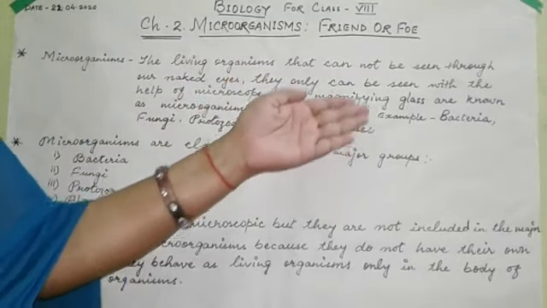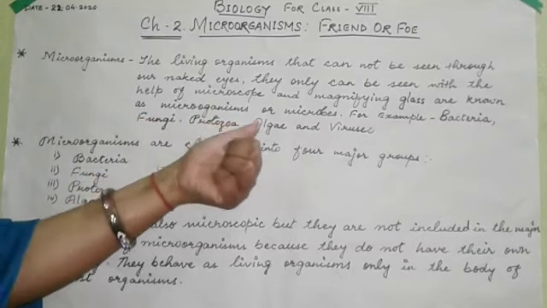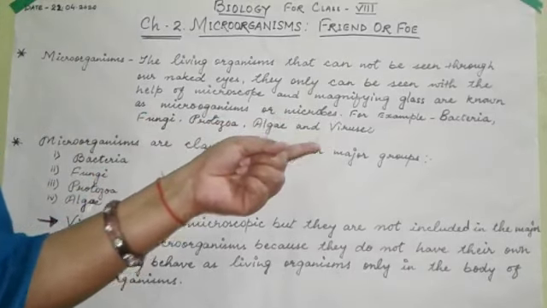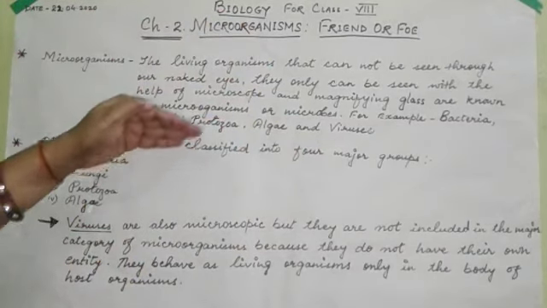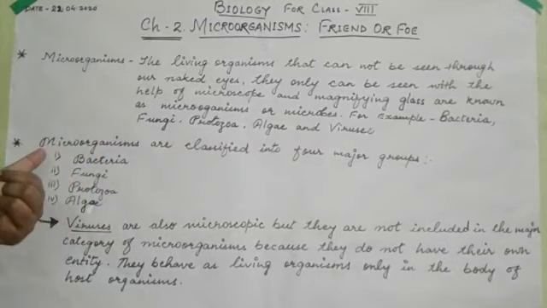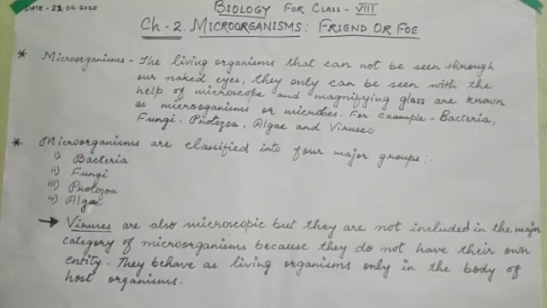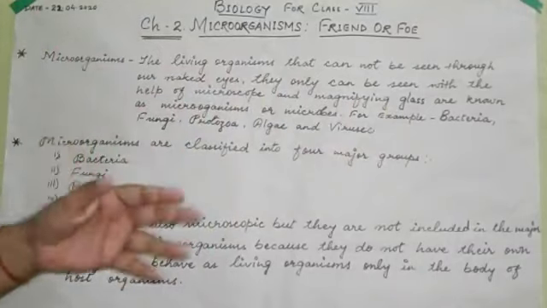For example, bacteria, fungi, protozoa, algae, and viruses. Now, microorganisms are classified into four major groups: bacteria, fungi, protozoa, and algae. These are the major groups of microorganisms.